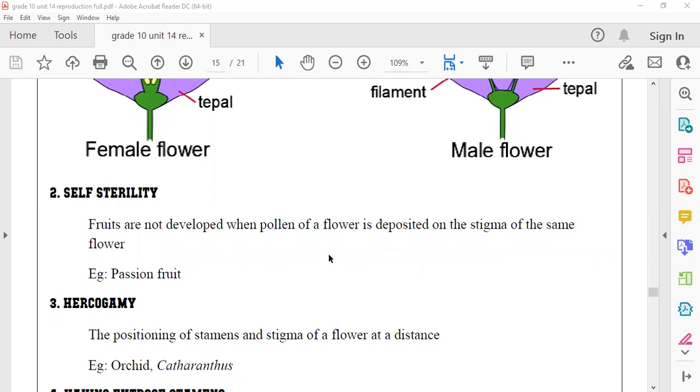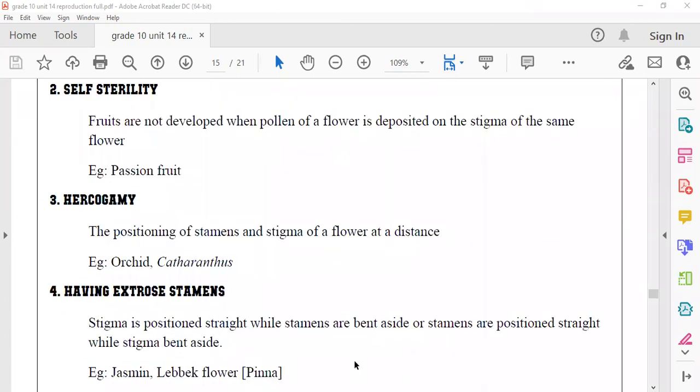Thereafter, another character, hercogamy. If you take hercogamy, the stigma and the anther will be far in position. It will be like this. If this is the stigma, the anther will be like this. So what is the idea?